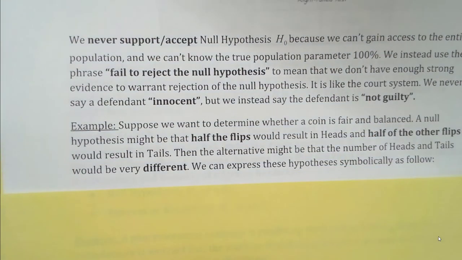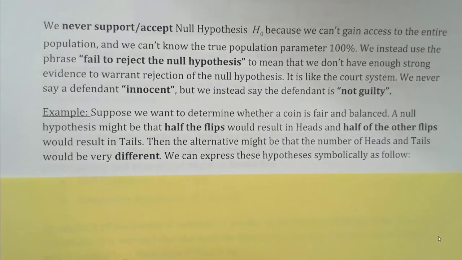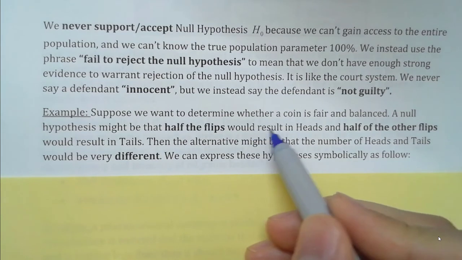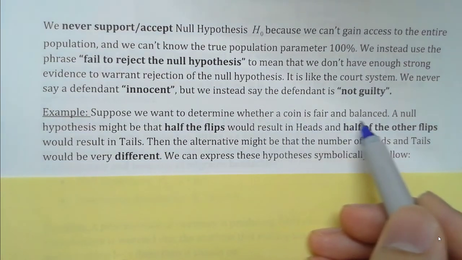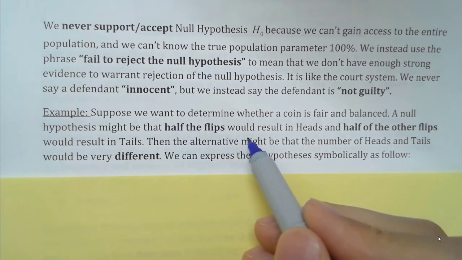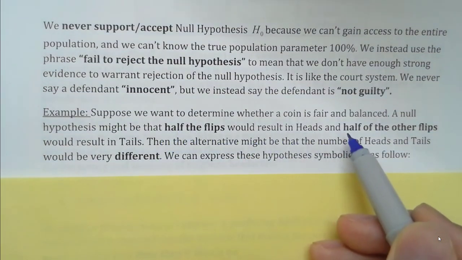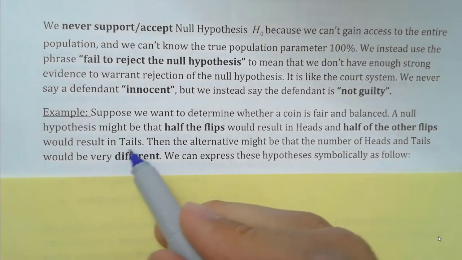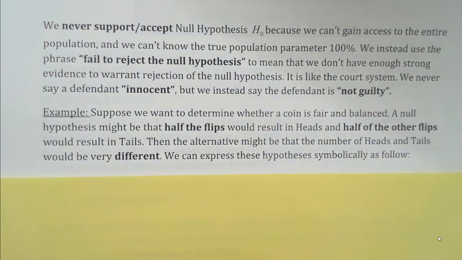Okay, let's go over one example. The first one. Suppose we want to determine whether a coin is fair and balanced. A null hypothesis might be that half the flips would result in heads and the other half would result in tails if the coin is fair and balanced.